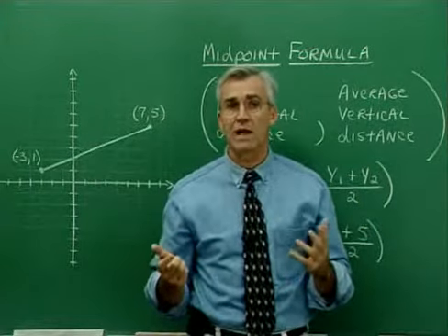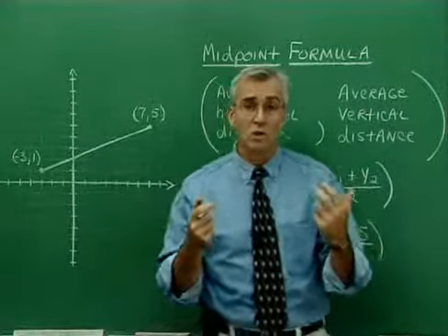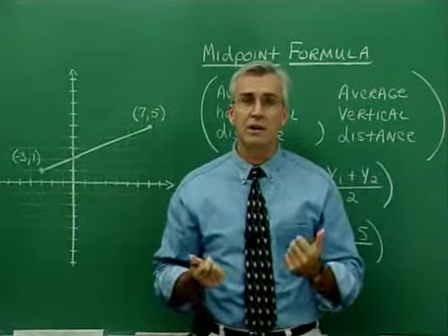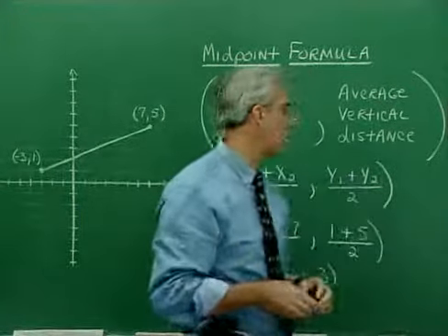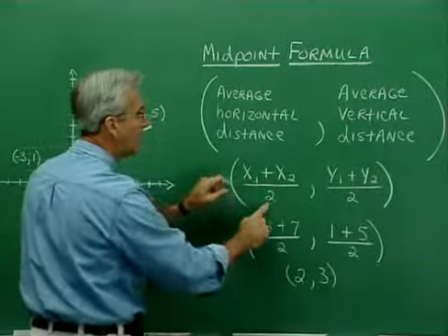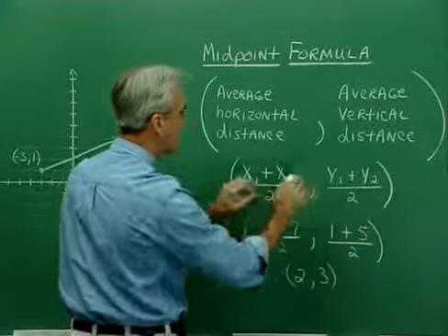Here we're just averaging a couple of horizontal distances and a couple of vertical distances. So we're adding two x values and dividing by 2 to get the average. And then you add a couple of y values and divide by 2 to get the average. And that's really all there is to it. So it's add the x components, divide by 2, add the y components, divide by 2, and these are the coordinates of the midpoint.